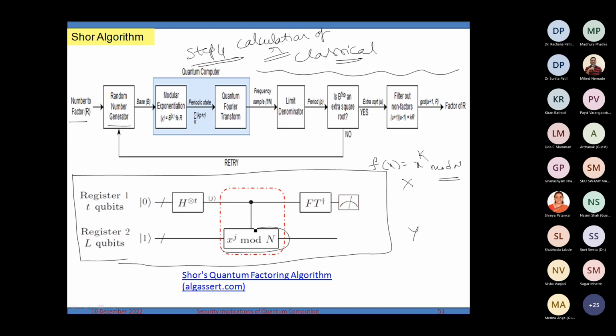Then perform the function, and on the result you use the quantum Fourier transform, then finally calculate the r value. This is the gate representation of the Shor algorithm. And because of this algorithm, we are able to solve the factorization problem on which RSA is based.